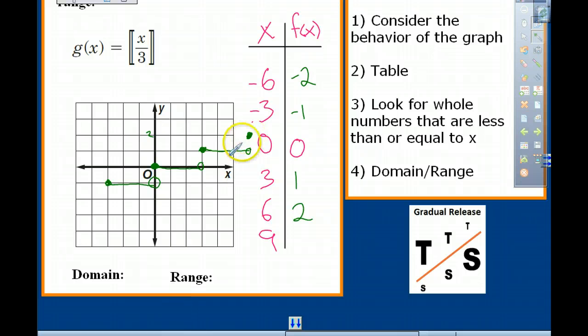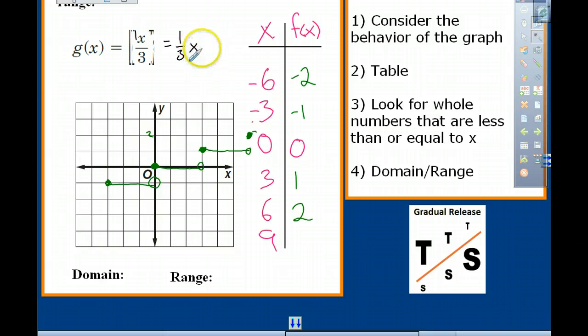Okay? Still, is there another way of getting these points? How do I know where those are? Yeah, let's look at this. How would you graph that? What is that? We usually don't graph it in that form. x is the same as 1x. So that's the same as 1/3 x.